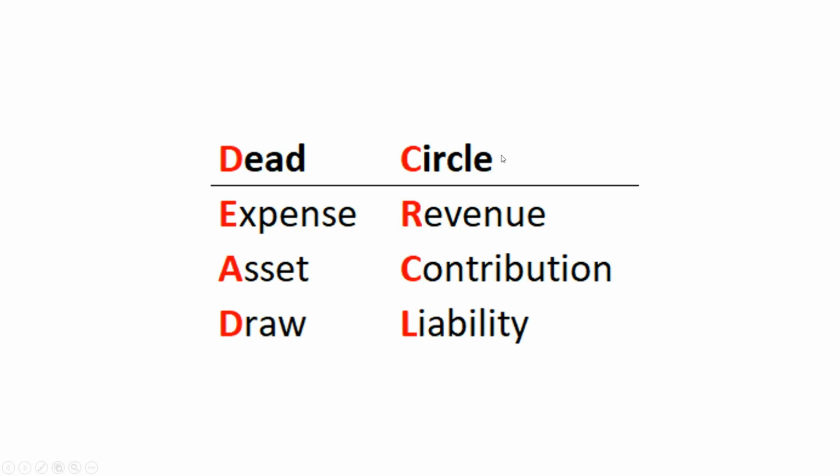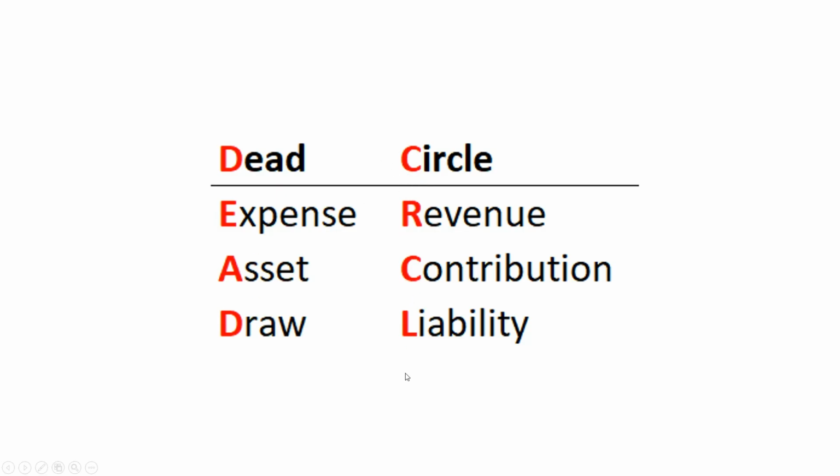And so this little mnemonic device is DEAD CIRCLE. So if you remember this term, D-E-A-D, dead, with the D being the debit, and then circle with the C for credit, C-R-C-L, if you can remember that, not fully spelled out like dead is, but C-R-C-L.